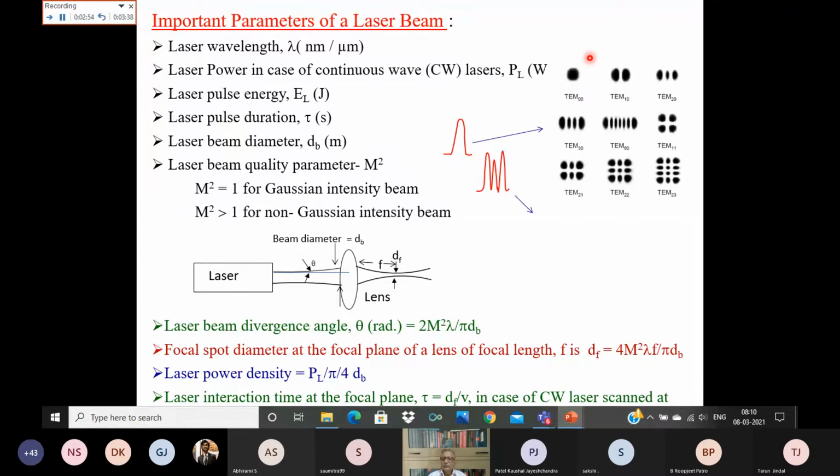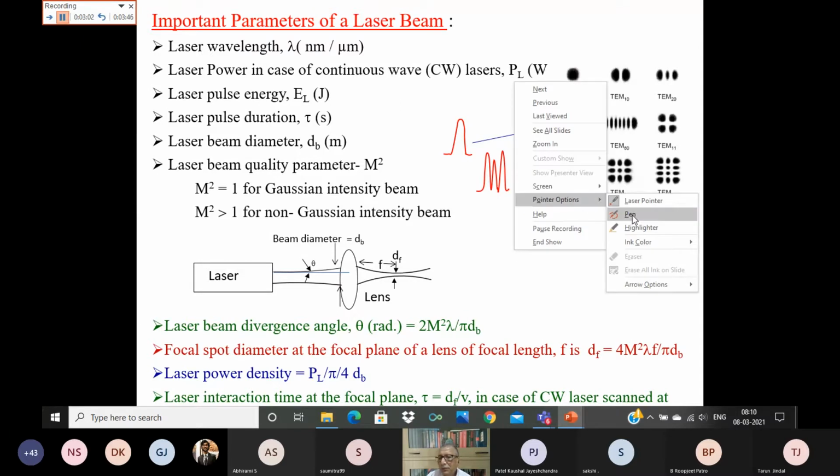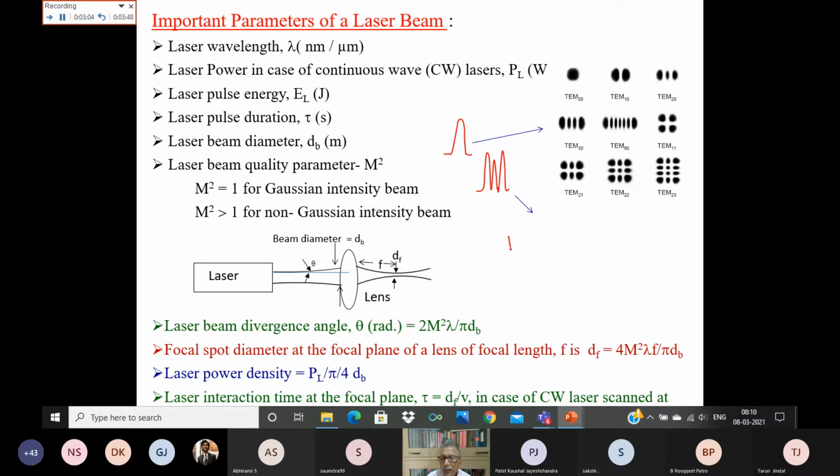Let me write the Gaussian intensity distribution for you. The intensity I at any point r radially out is equal to I0, the maximum intensity at the center, times e to the power minus 2r square divided by W naught square, where W naught, from this expression, is the beam radius.